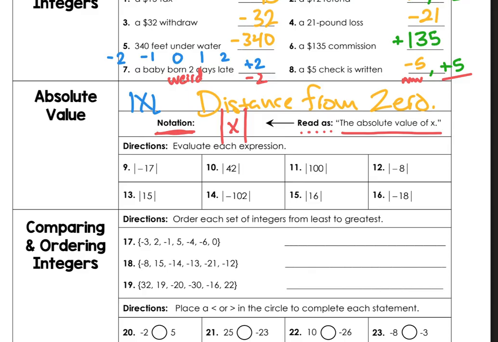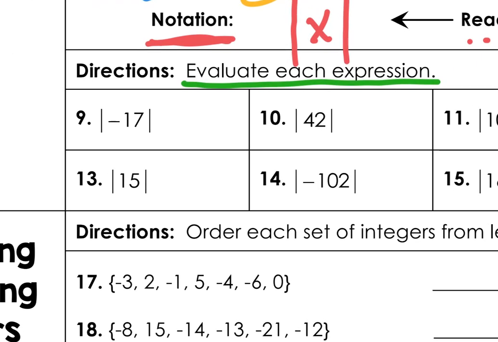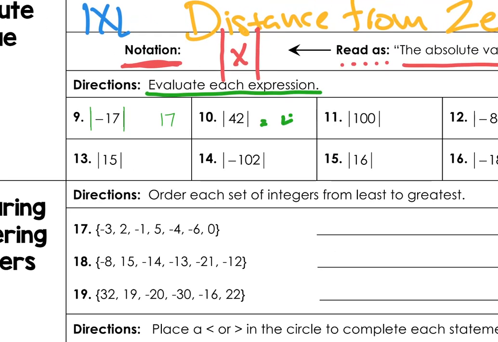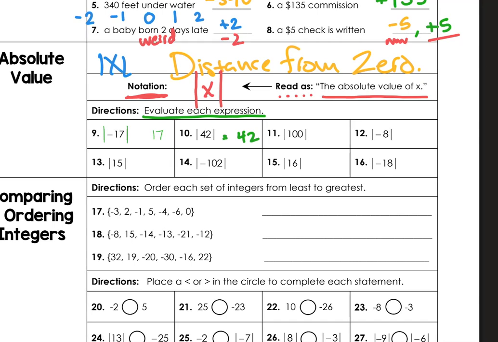Now, when it says to evaluate each expression, you might be tempted to just say, these absolute value bars just make everything positive. And you wouldn't be terribly wrong, but just do remember that the idea is it's the distance from zero. So if you were 100 feet on that side of this thing, you're 100 feet away.